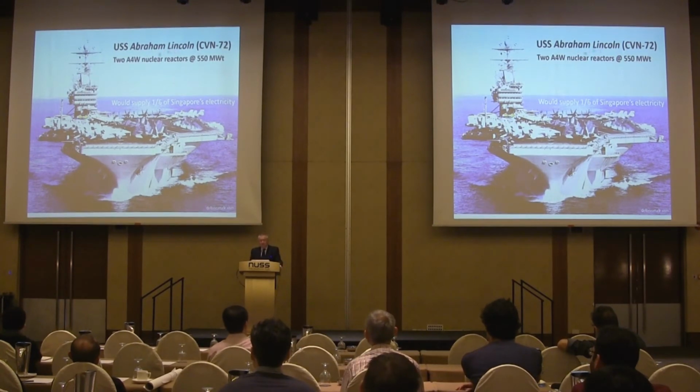So basically, this ship carries, at any time, about a 25-year supply of fresh water because it can evolve, and does evolve, 500,000 gallons of fresh water each day from desalination of seawater. You cannot do that with a fossil-fueled vessel.